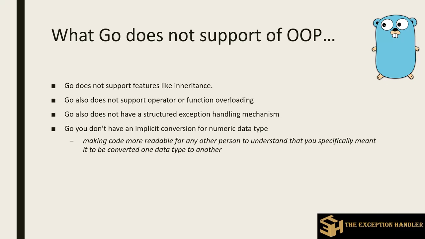Because at times when you are debugging any sort of issue, you might not notice that an integer variable is getting converted to a float variable and that might have caused the issue. But if you specifically give a numeric integer to float conversion, then you make the code more readable and more understandable to another person who is new to your code.